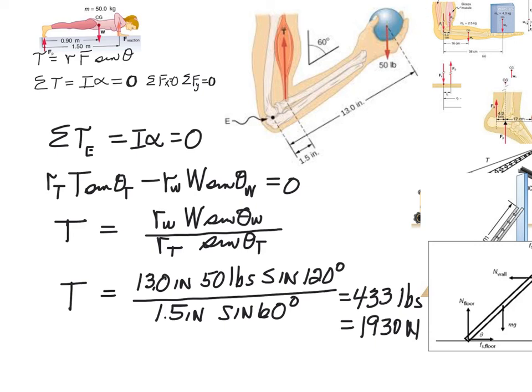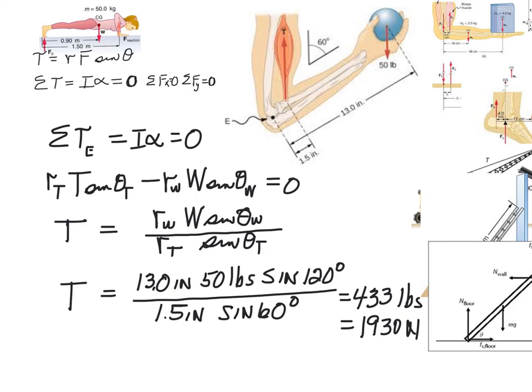And so when you do this, you get 433 pounds, or 1927 rounded to 1930 newtons. So it's worth noticing that the tension in the bicep muscle and this tendon is more than 8 times greater than the weight you're lifting.